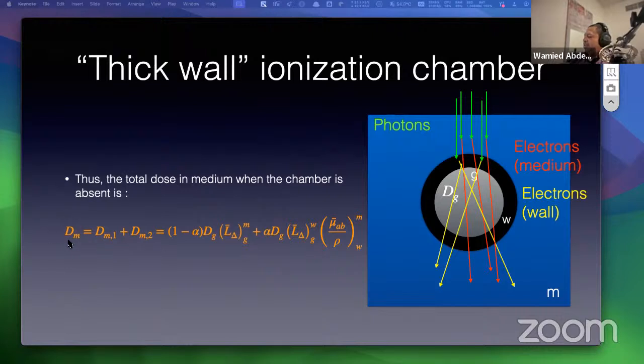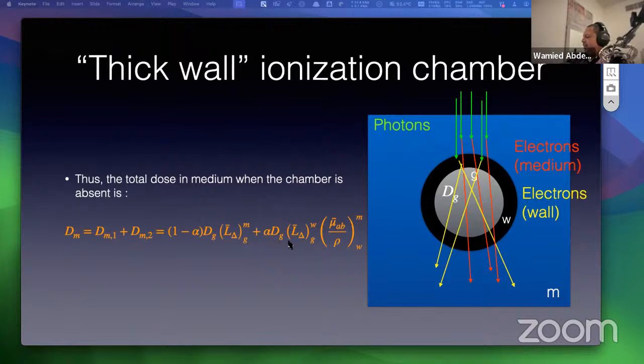So that's the total dose in the medium when the chamber with its wall is not present in the medium. The first part is just the fraction of the dose from the electrons generated from the medium, multiplied by the restricted collision stopping power, medium to gas, plus the fraction of the dose for electrons generated within the wall.